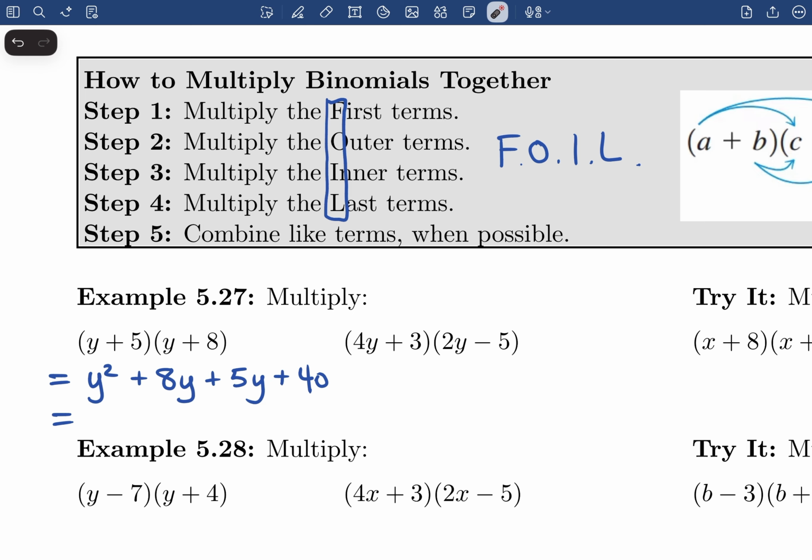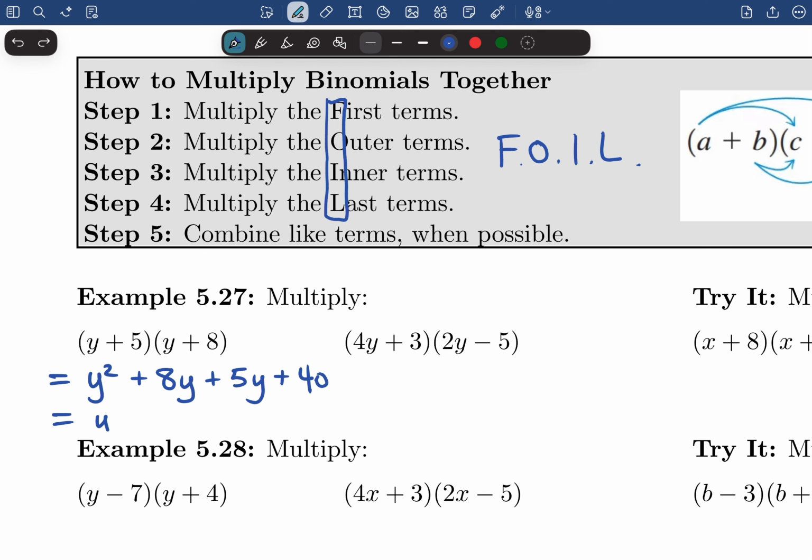This is the same variable with the same power. These are like terms. Now, this is not a like term with it because the variable is raised to the second power in this case, whereas in these cases, the variable was raised to the first power, but first powers are invisible. So y squared plus 13y plus 40 is my final result because I have added 8y plus 5y to get 13y.